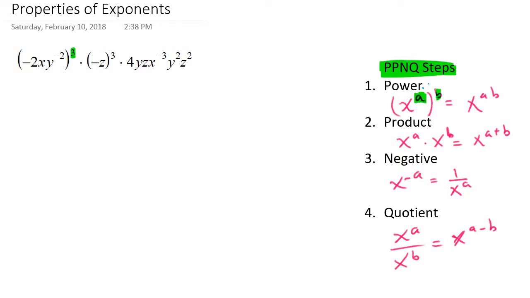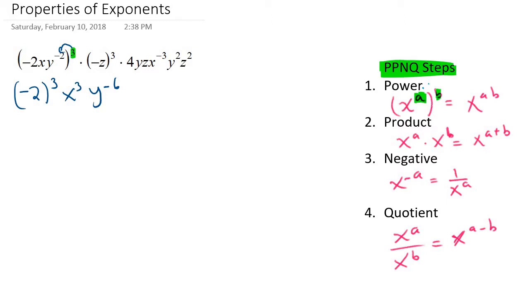So the -2 must receive the power, the x must receive the power, the y to the -2 must receive the power. In that case, it multiplies. So 3 times -2 is -6.